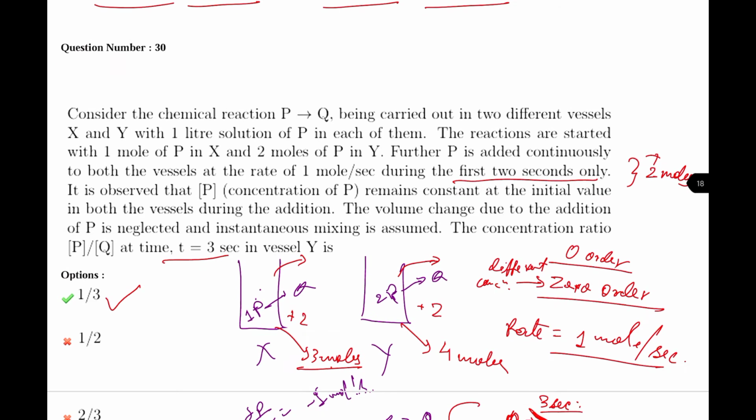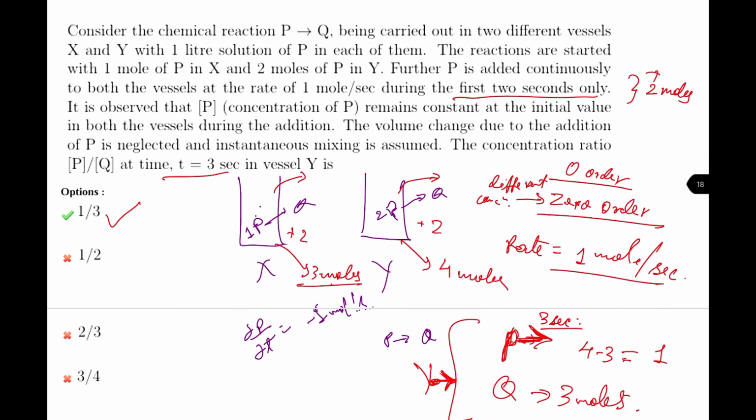Going to next question. Consider the chemical reaction P to 2Q being carried out in two different vessels X and Y with 1 liter solution of P in each one of them. Reactions are started with 1 mole of P in X and 2 moles of P in Y. So you take two containers X and Y. There is 1 mole of P in X and 2 moles in Y, and the reaction is same, P to 2Q.